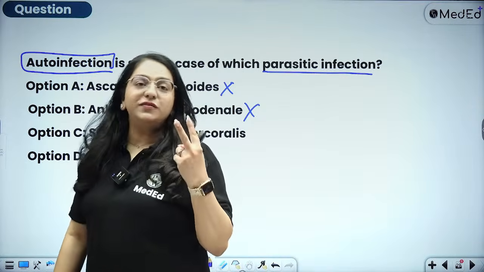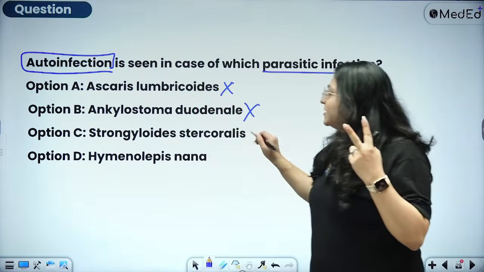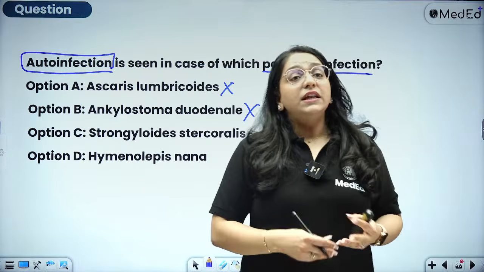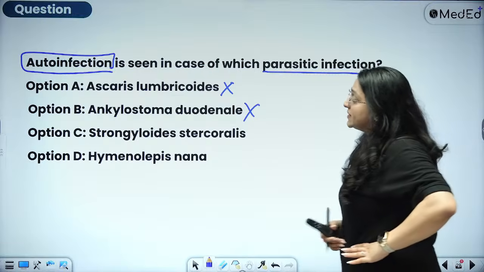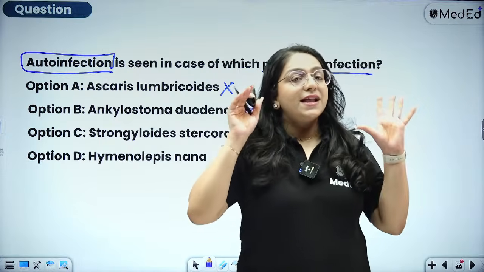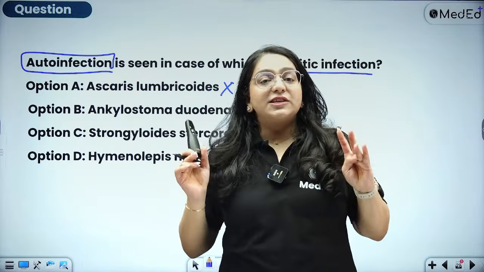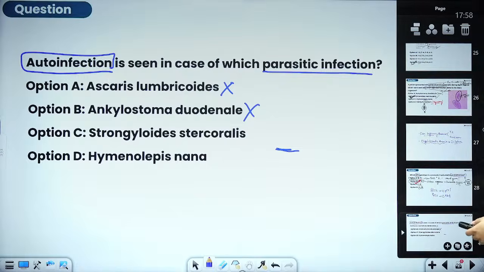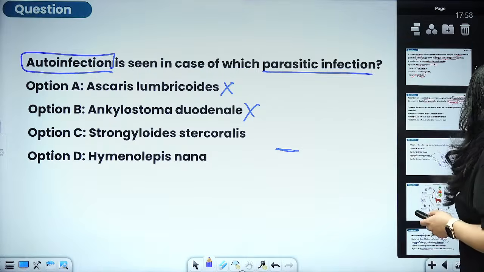Both of these cause autoinfection. Strongyloides is responsible, H. nana is also responsible. How do we decide? Some teachers were saying H. nana, some were saying Strongyloides. But H. nana can lead to autoinfection; the problem is that autoinfection is characteristically associated with Strongyloides.